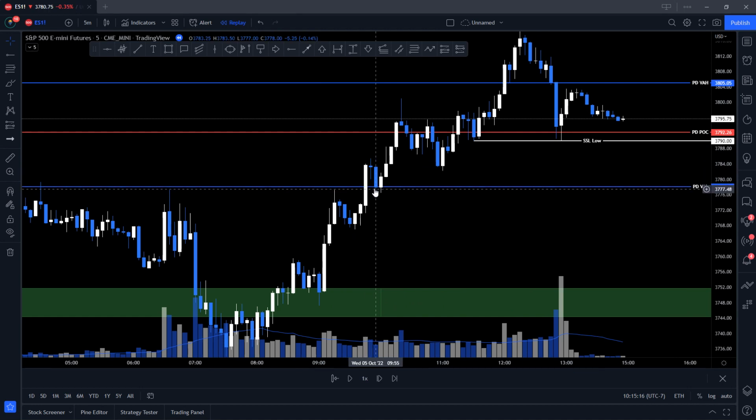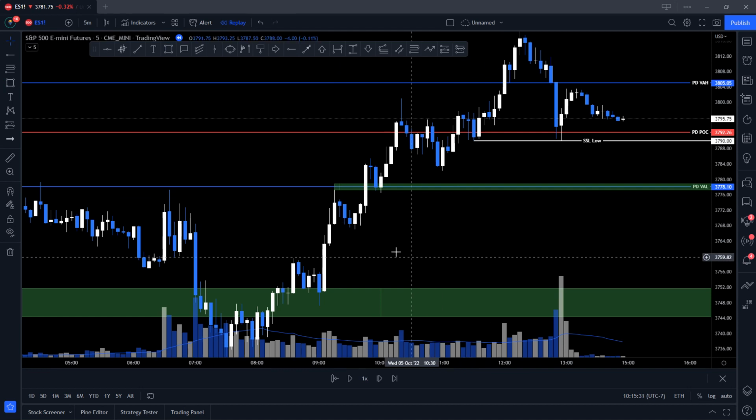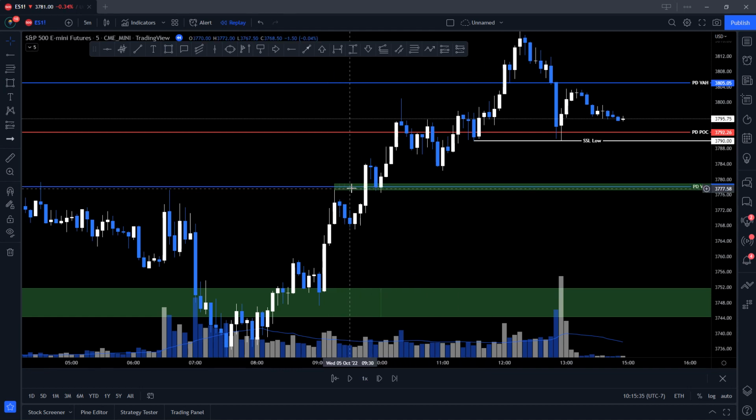In this instance, this candle closed just barely outside, but this is within my tolerance for this range. Let's just say my range for this line is something more like this. I'm good with this being slightly below this line.